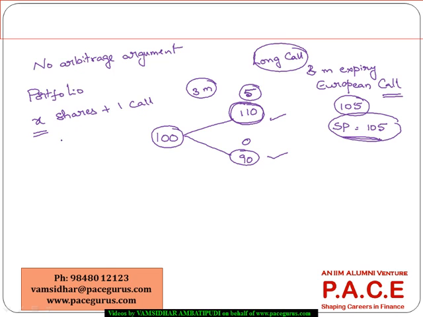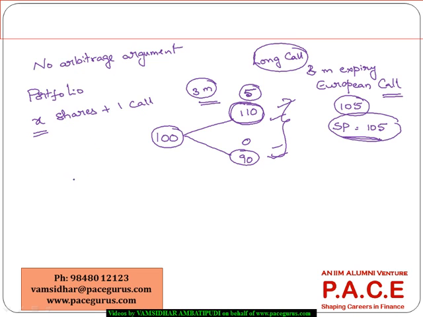The combination is in such a way that after 3 months the value remains the same, whatever may be the share price going up or going down. The portfolio is created in such a way that there is no uncertainty of the position at the end of 3 months.